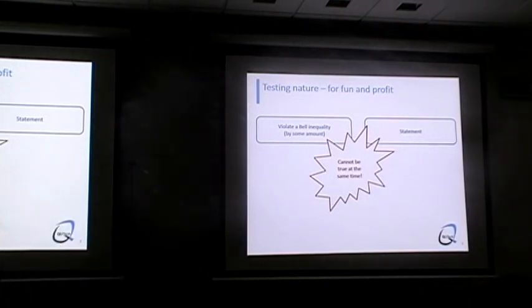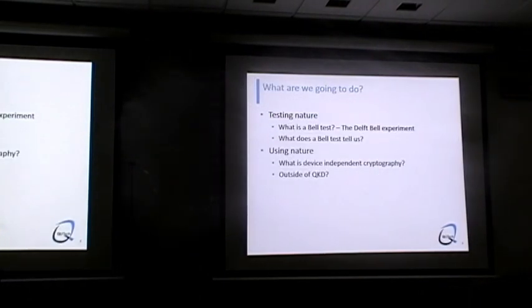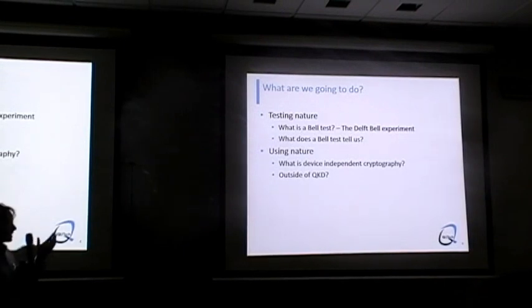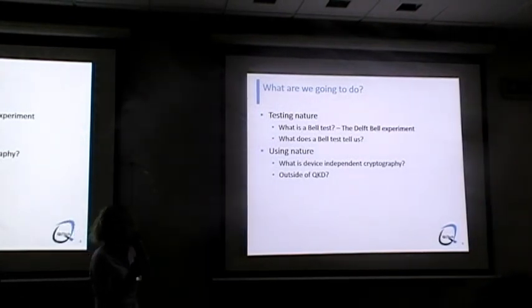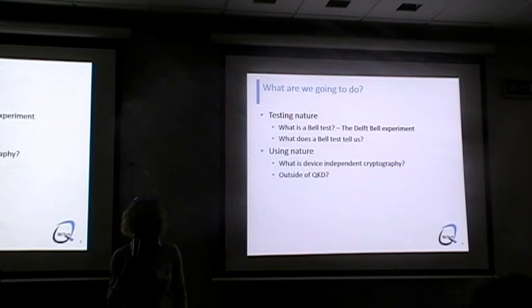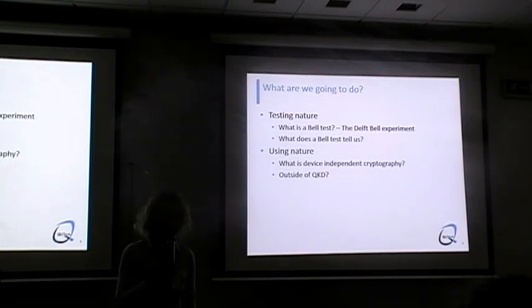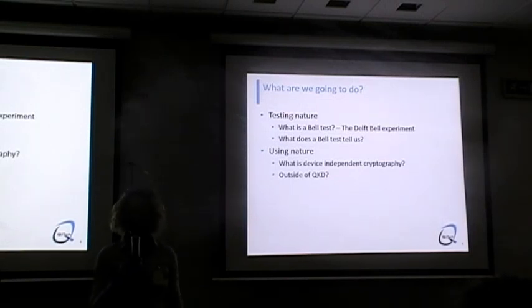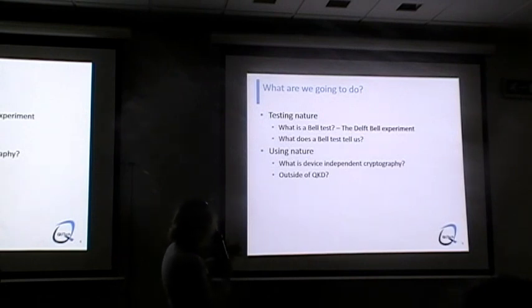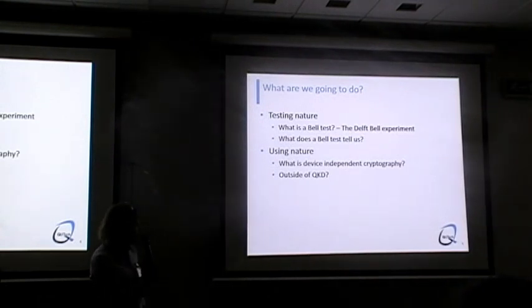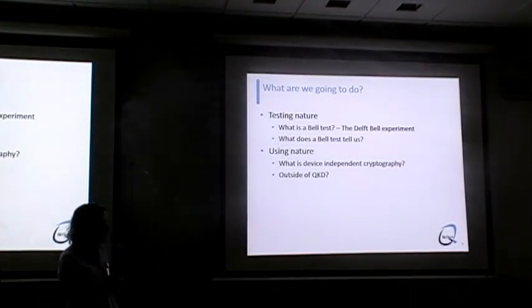This is what the talk is going to be about, and how we're going to do that is in a few steps. I will first talk about testing properties of nature, meaning that the statement we're going to put inside this box is a statement about nature. I will talk briefly about the loophole-free Bell experiment which we've done in Delft.